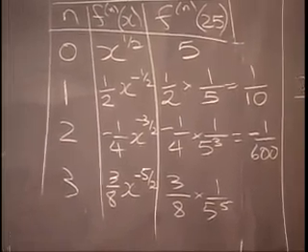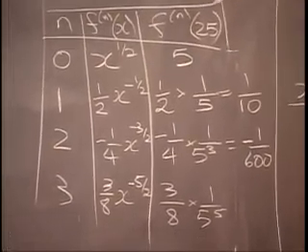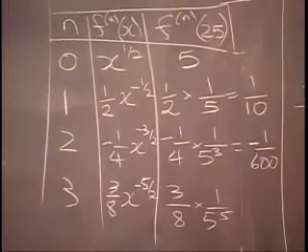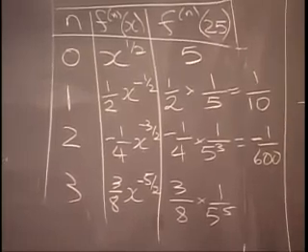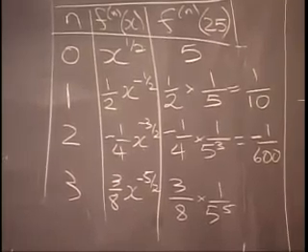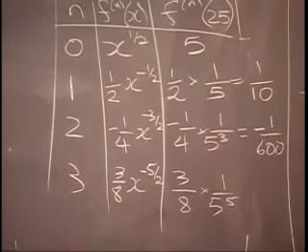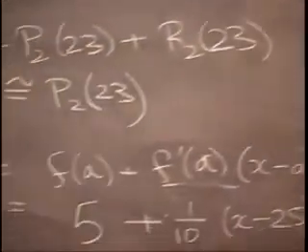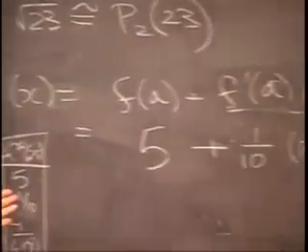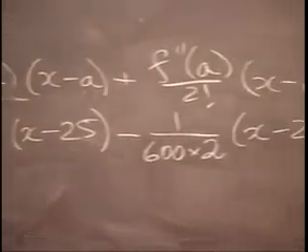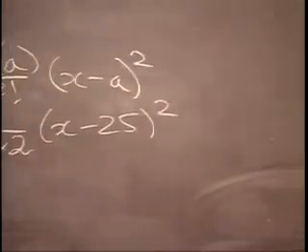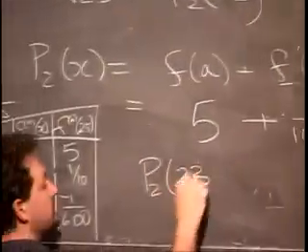I get 5 plus 1/10 x minus 25 minus 1 over 600 times 2 factorial, which is 2, x minus 25 all squared. So this is a good approximation for root x, for any x near 25. But in my particular case, I want 23.